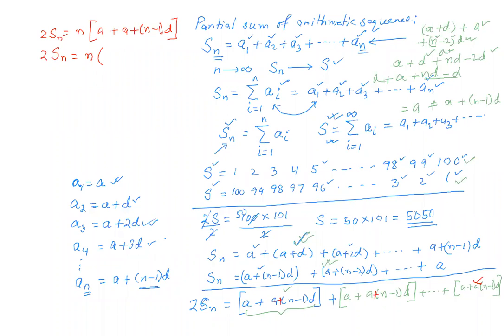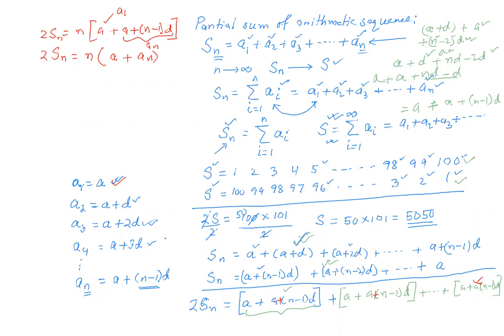Now look, this is your first term, A1, and this is your last term, An. So this is in essence A1, or A1 is A in our case, right? A plus A sub n.